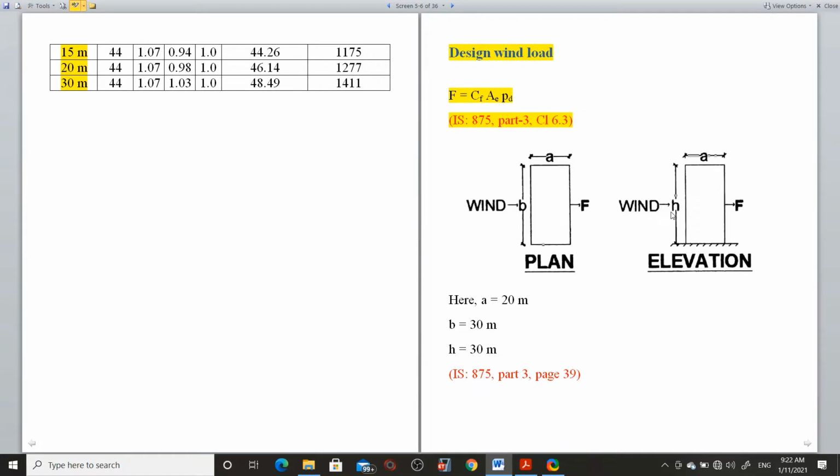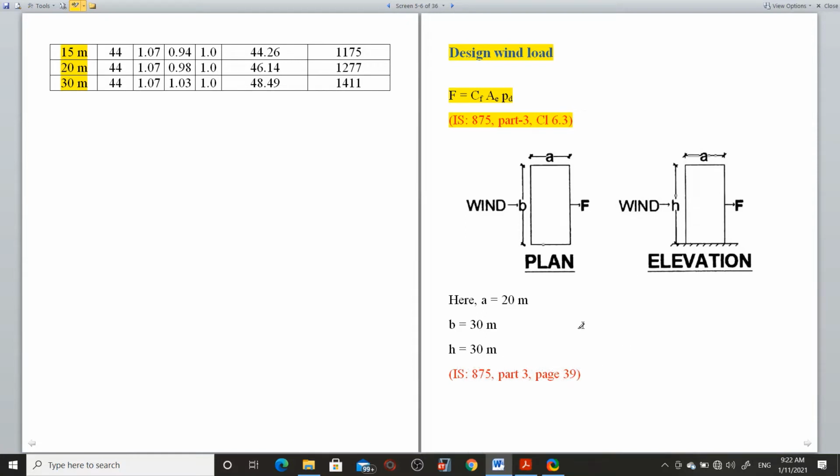So the a and b values we find from the plan of the building. A by b means the ratio between two dimensions, shorter span divided by longer span.